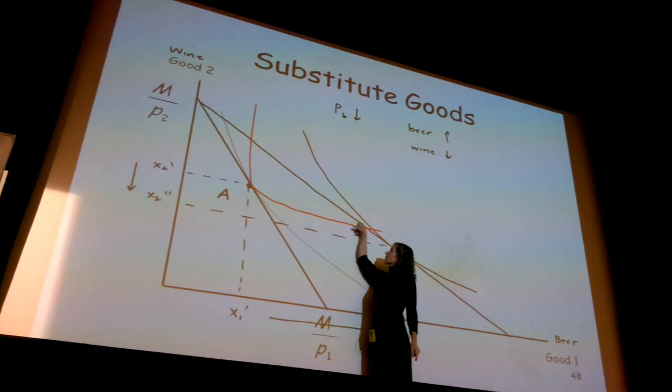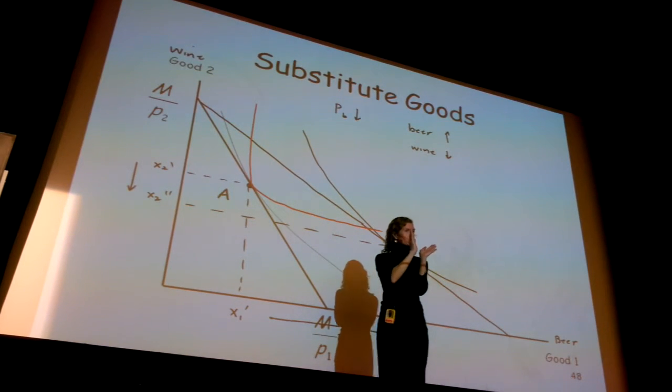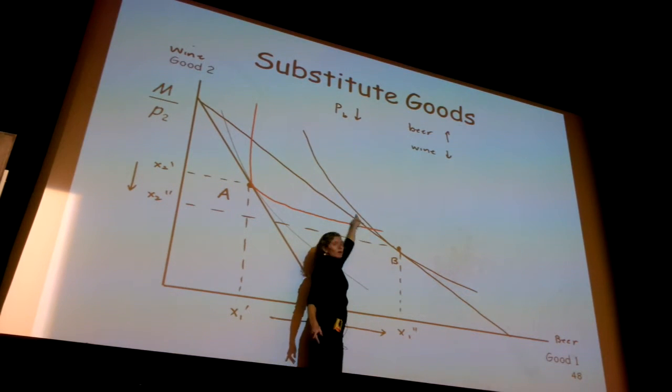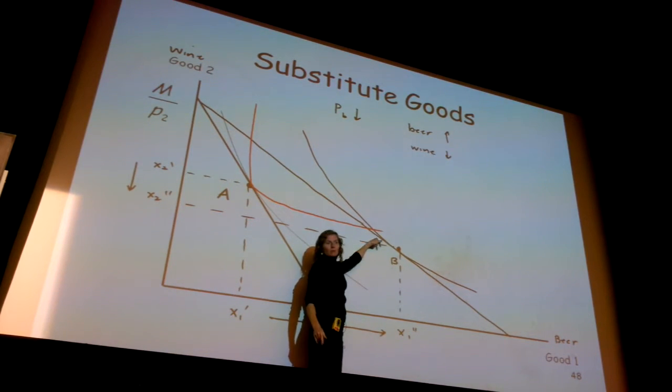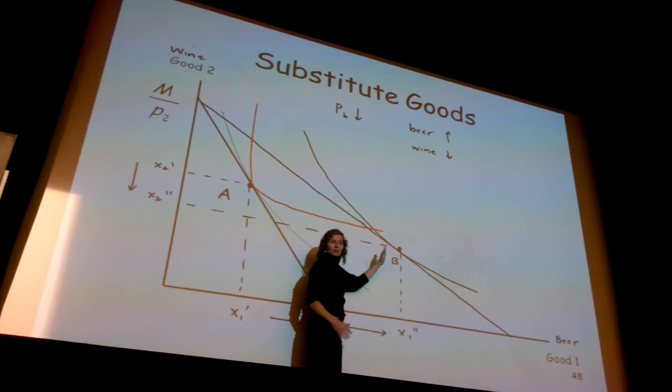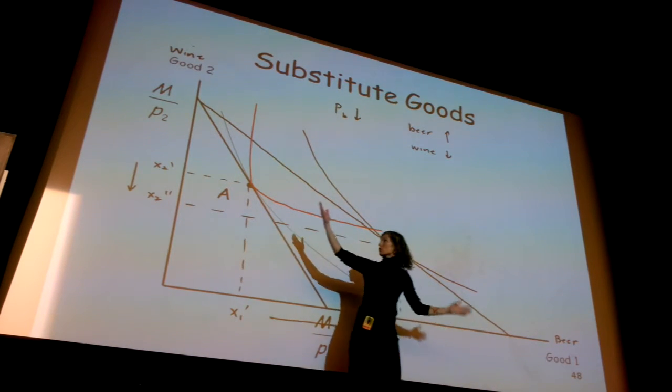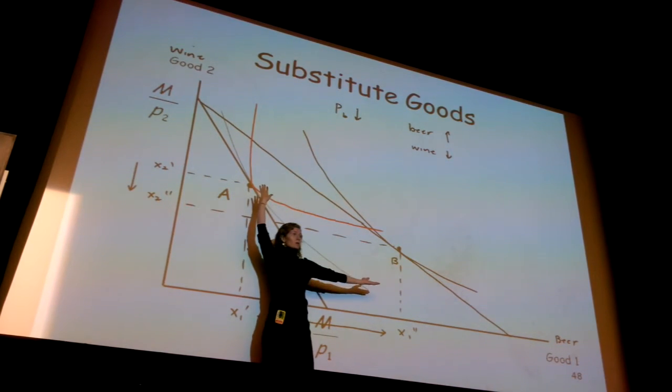If you had drawn this indifference curve that looked more like the case of perfect complementary goods, with a tighter indifference curve, do you know what I mean by a tighter indifference curve? It's got more curvature to it. It would have been harder to find a point along this new indifference curve that represented a drop in consumption of good two. Okay, it's easier to find that point when you draw these big, wide open indifference curves that look like the indifference curves for substitute goods.